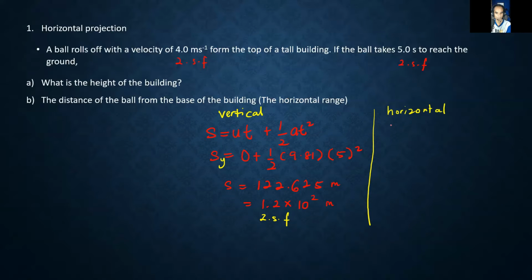Why horizontal is y equals negative g times t square over 2. Times t square, sir. T square. Okay.